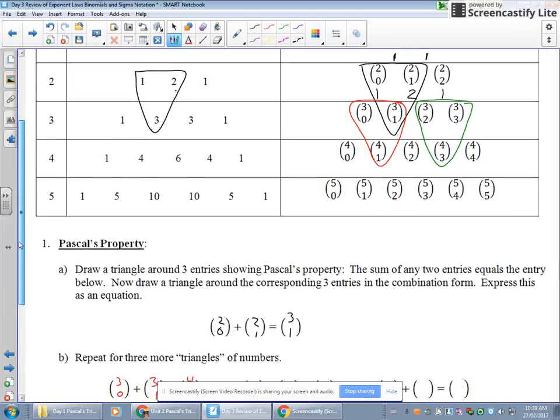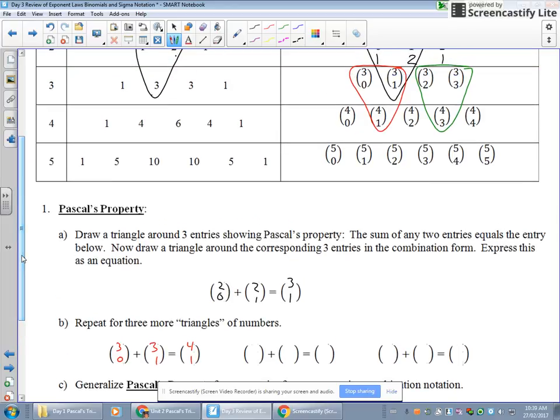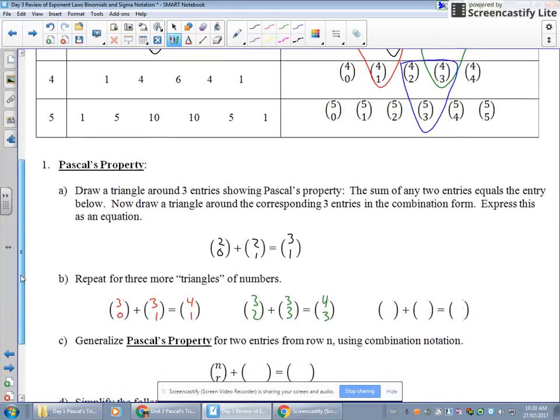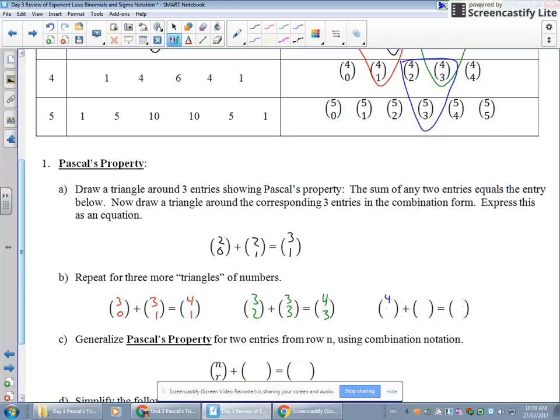The second one that says 3 choose 2 plus 3 choose 3 is equal to 4 choose 3. And then finally, the third one, choose that as my triangle, and that says that 4 choose 2 plus 4 choose 3 is equal to 5 choose 3.